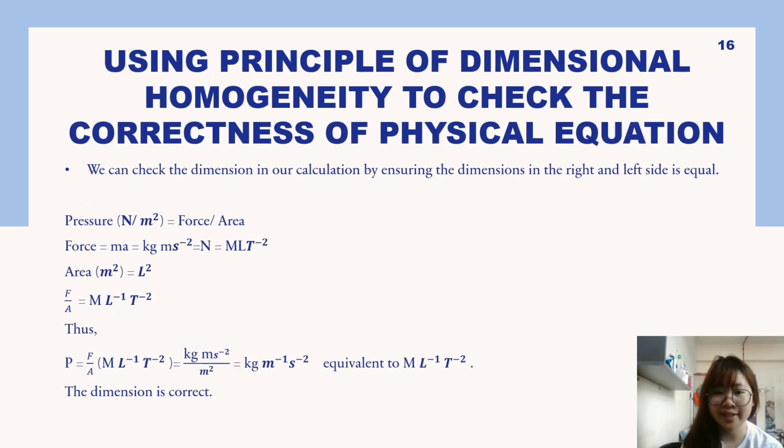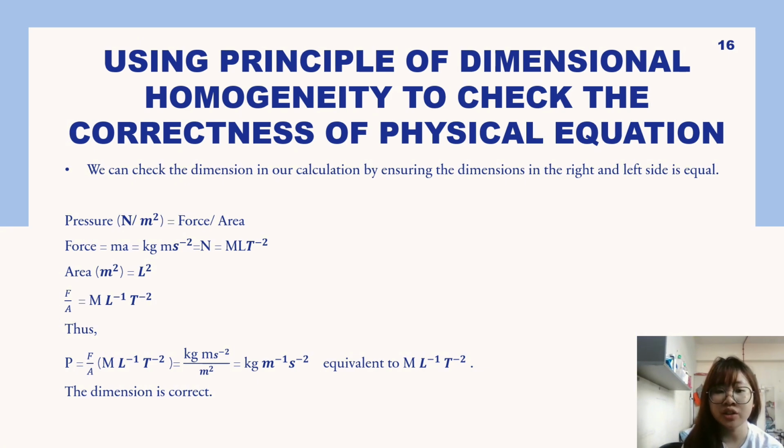Following that, the principle of dimensional homogeneity is used to check the correctness of physical equations. Here is another example which includes pressure, force, and area. As we all know, pressure equals force per unit area. Here, force is a derived quantity that can be derived from the mass and acceleration.